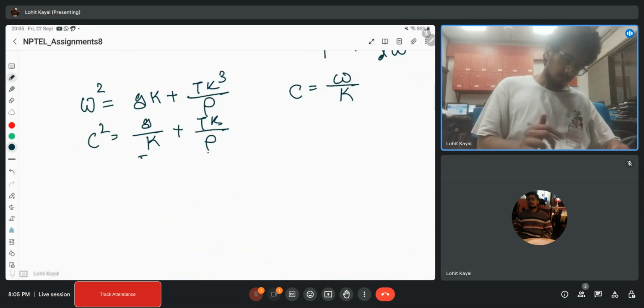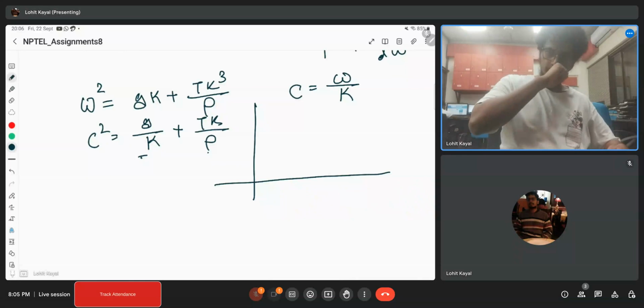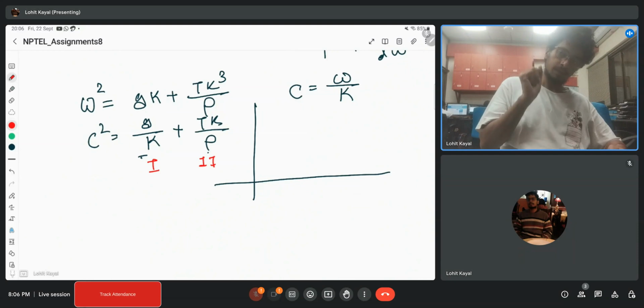So now we have to draw this. There are two parts to it. When k is very large, we can see that this term, this is 1 and this is 2, so let us consider two different cases.